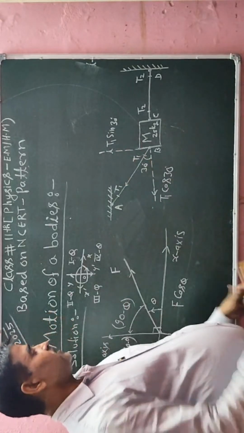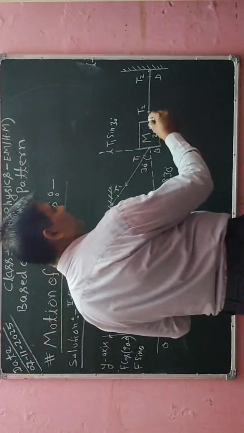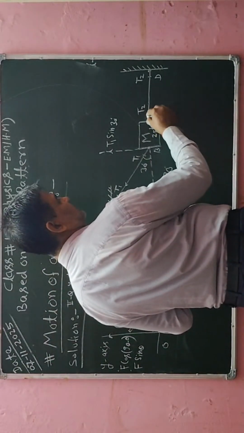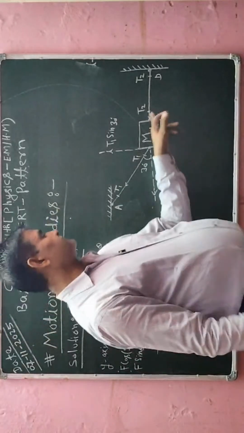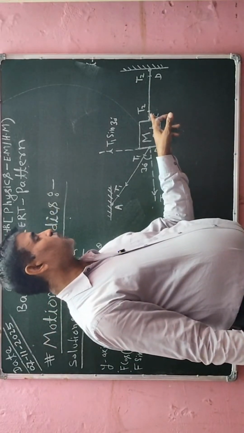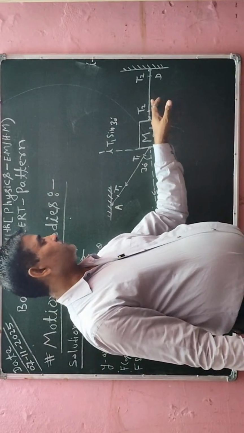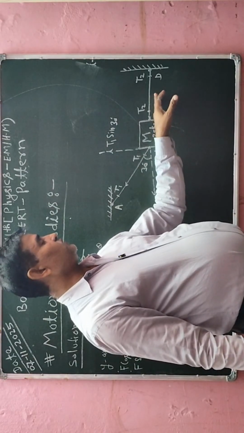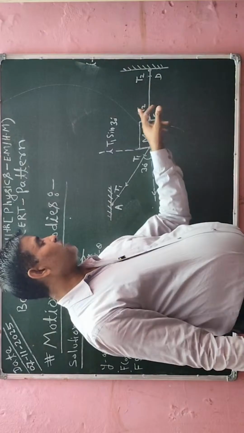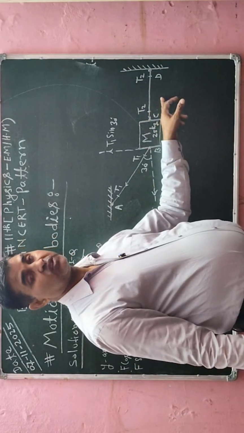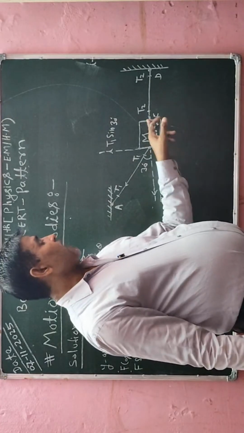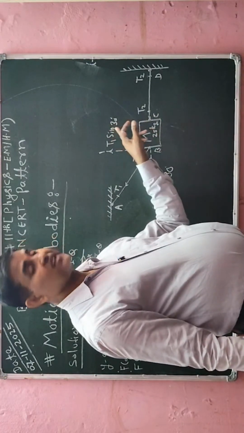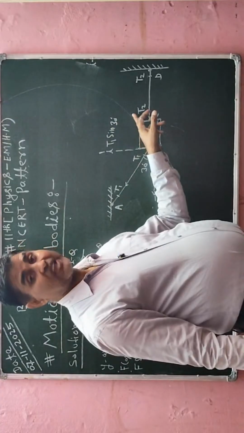Okay, similarly this is making 0 degree angle. So along this axis it will have T2 cos 0 degree, and cos 0 degree is 1, that is T2, and along the vertical axis I will write T2 sin 0 degree.